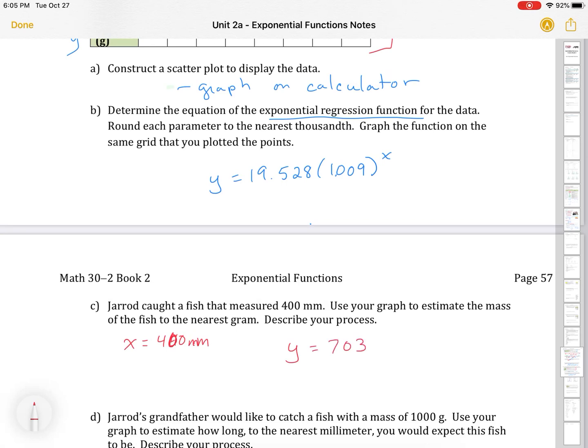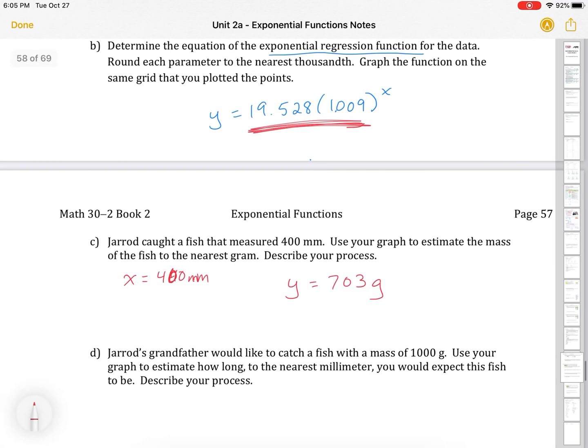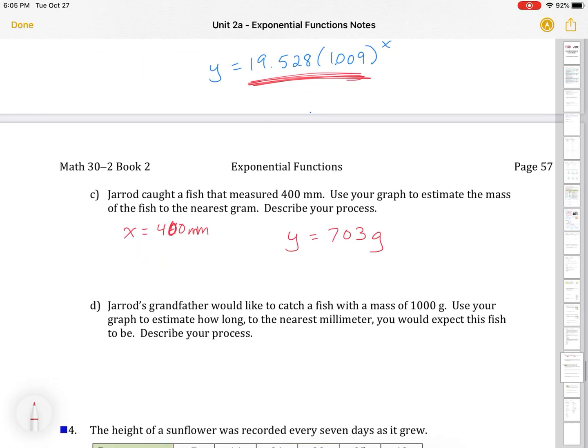It's an estimate. So again, I didn't do the actual regression, so the regression probably has a little more decimal places than this one does. And I can check that out for you. And they're probably using all the decimal places. And that's probably why the next one's going to be a little bit off too.